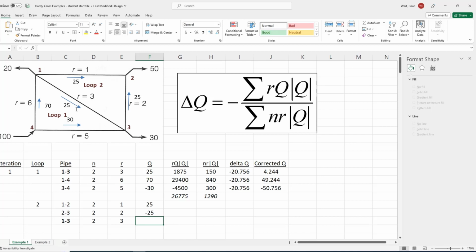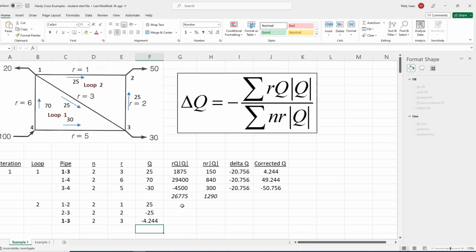Negative, because now it's against our clockwise flow direction. So I'm going to say equals minus, and then click on this cell location. The rule that you should apply is always use the latest updated flow rate that you've got for any pipe. Don't go back to these original guesses if you've got something better.